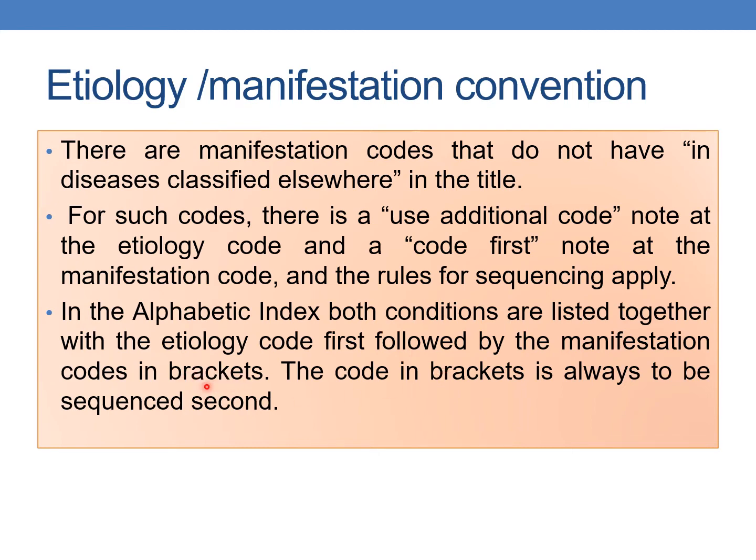You can find this when we discuss the convention brackets, in our previous video. The code in brackets is always to be sequenced second, and the code in brackets will be the manifestation code. It must always be sequenced second.